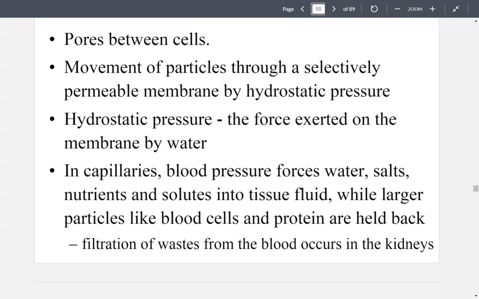That being said, only things that can fit through will be forced out. So things like red blood cells, white blood cells, and blood proteins are going to remain. This same thing is used in the nephron, the functional unit of the kidney, in order to remove waste from blood and then put some things back into the blood.